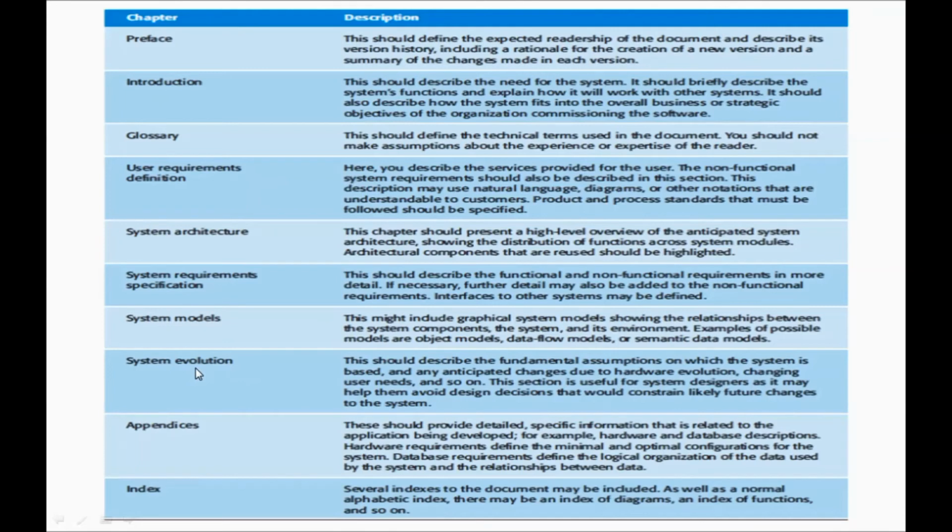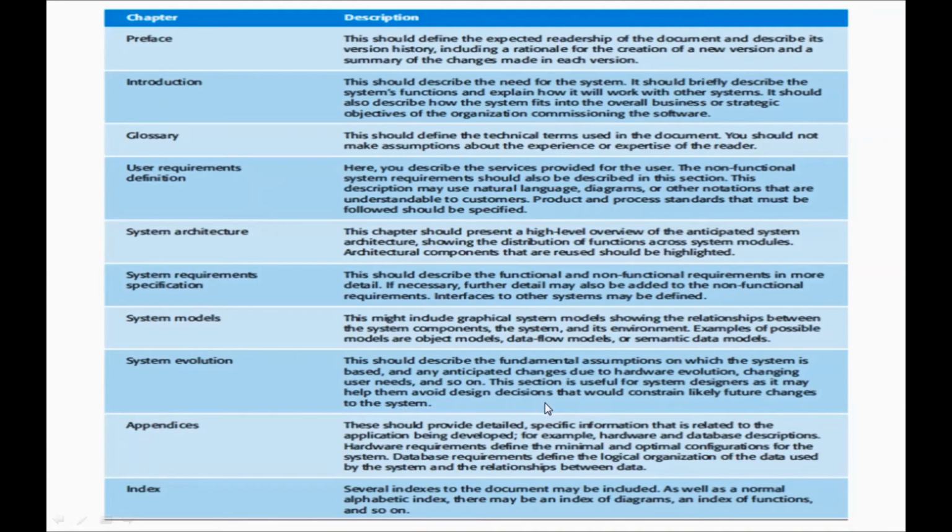Next, what is the next section? This contains system evaluation. Evaluation means this should describe the fundamental assumptions on which the system is based. Suppose you have made any assumptions, those assumptions should be mentioned in the system evaluation section. This section is useful for system designers as it may help them to avoid bad design decisions.